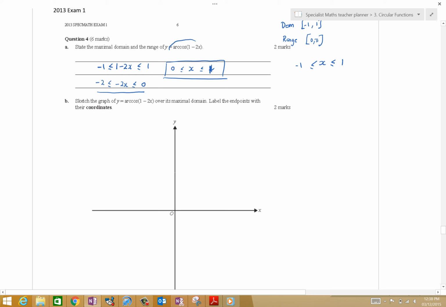Is the range going to be affected, though? If I was to put a -2 out the front, inverse cos of -2, and that's x minus a half. There's a translation 1/2 units to the right.